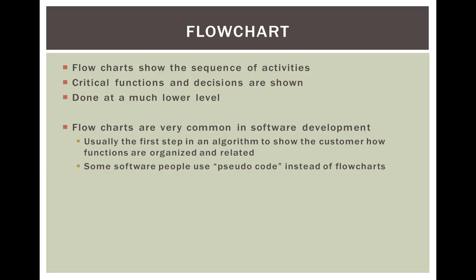Flowcharts show the sequence of activities, critical functions, and decisions, and this is at a much lower level, right? It shows detail. Whereas if we went back to that cross-functional process map, it says, enter order. Well, that doesn't really help me. What actually comprises that whole enter order?